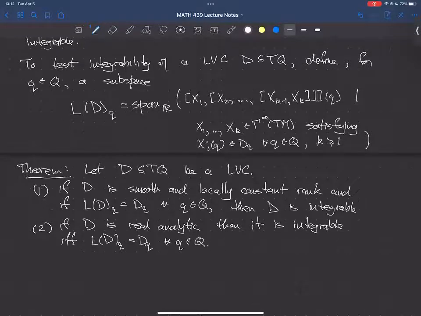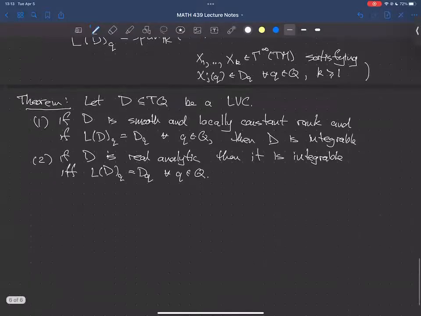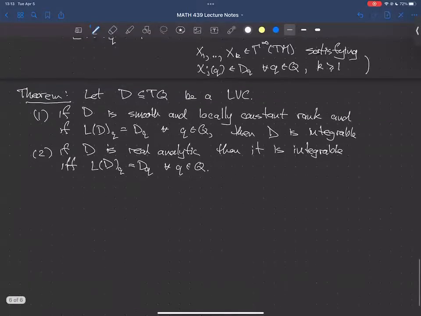So this gives us a way to check whether a linear velocity constraint is integrable. In other words, when a linear velocity constraint is actually a constraint on the configurations and not just on the velocities. So let's check this in examples.